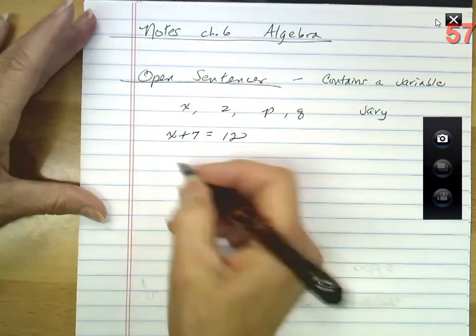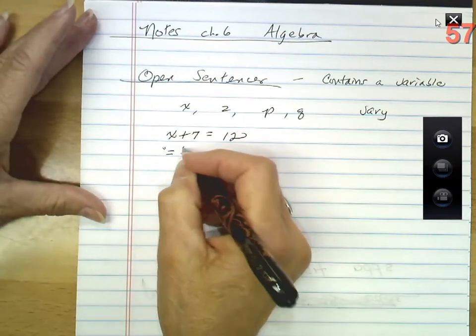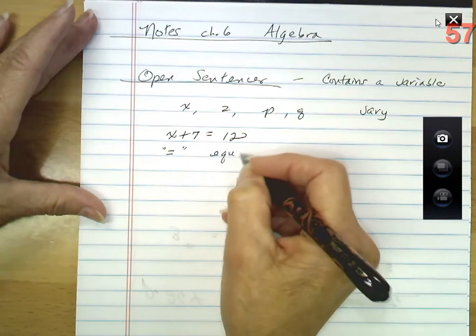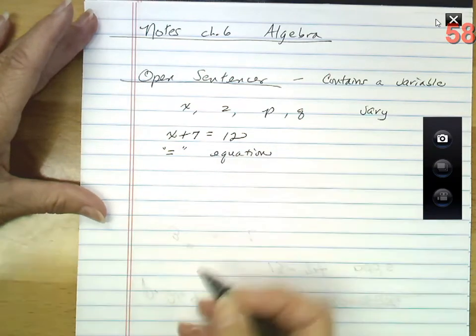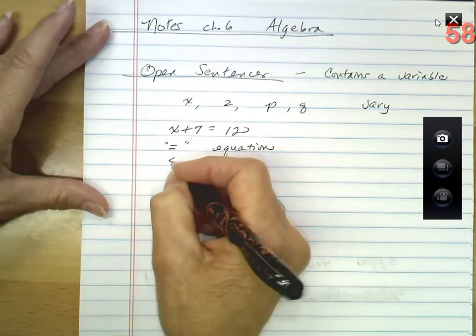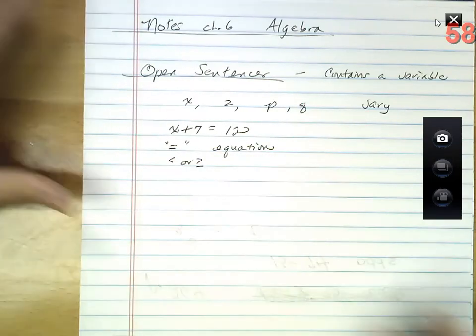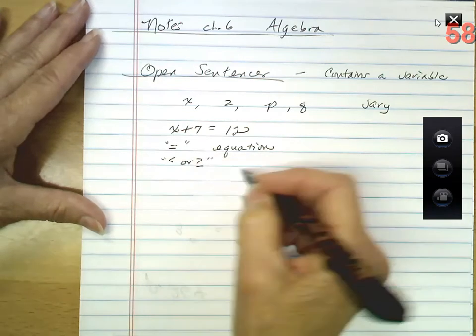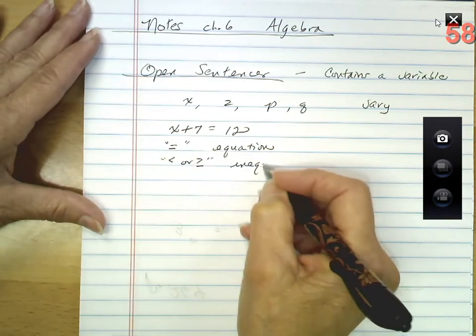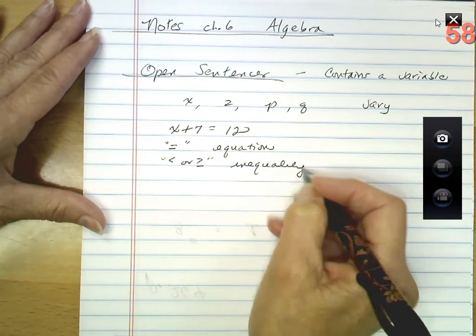If it has an equal sign in it, it's an equation. One side is equal to the other. If it has a less than or greater than or equal to or something like that in it, then it is an inequality. It's unequal.